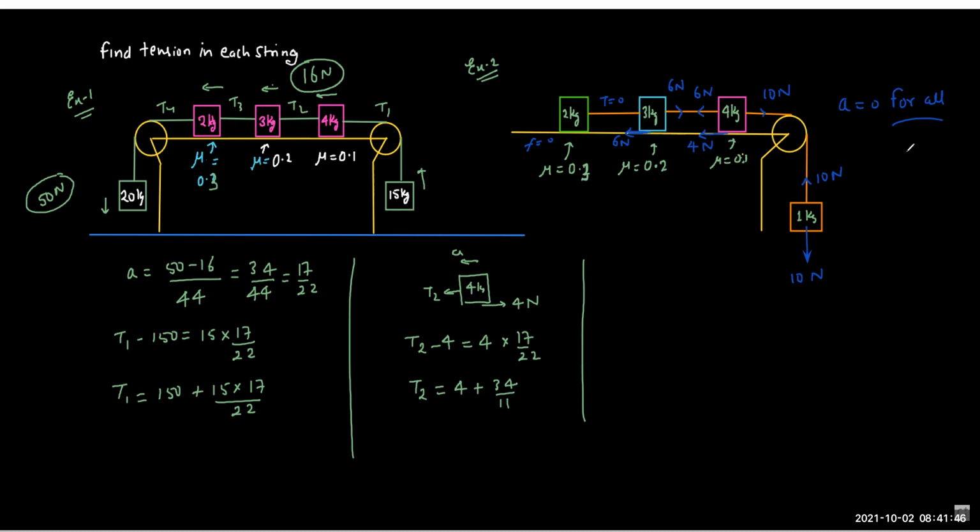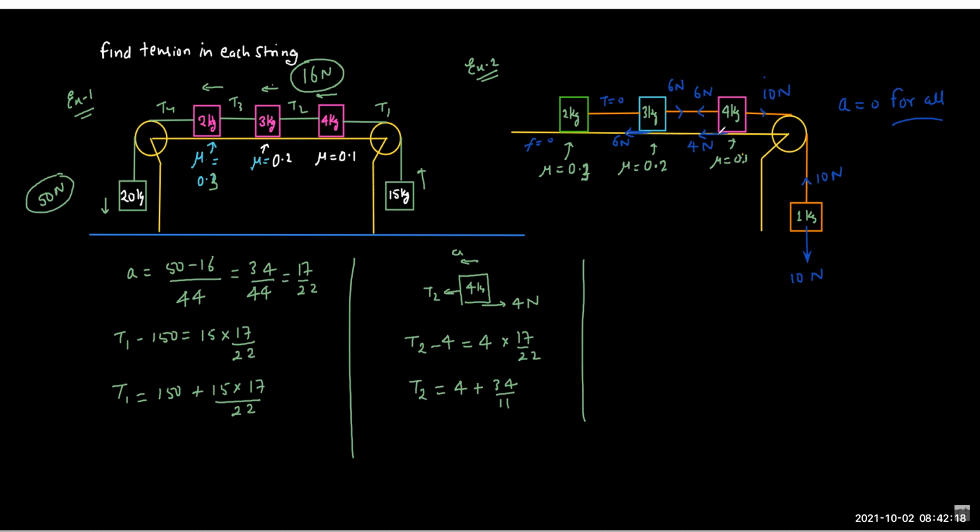Now, once we know that A is going to be zero for all, we need to start with the block which creates the tendency of motion. It's definitely the 1 kg block with 10 Newton. Since there is no acceleration, the tension must be 10 Newton. The same tension goes to the 4 kg block and tries to pull towards the right. Friction can develop up to 4 Newton, so friction first tries to oppose it.